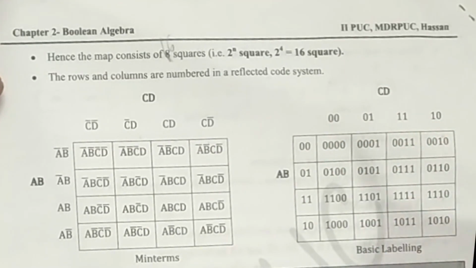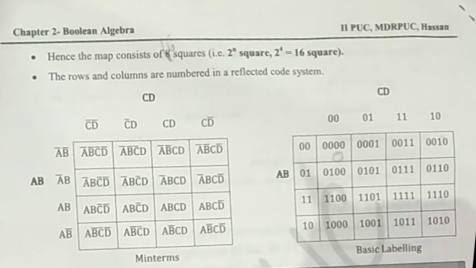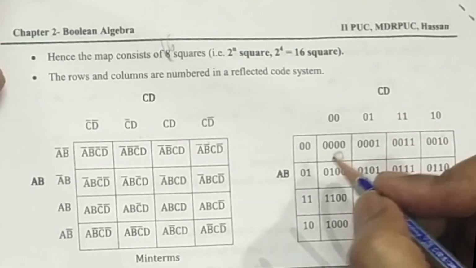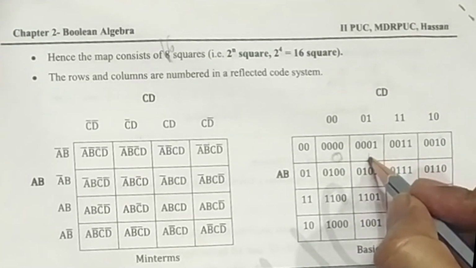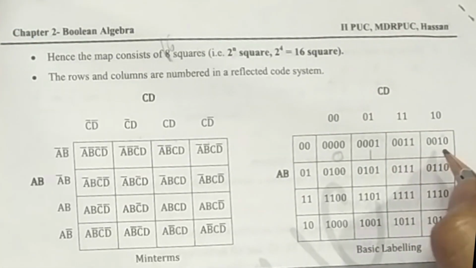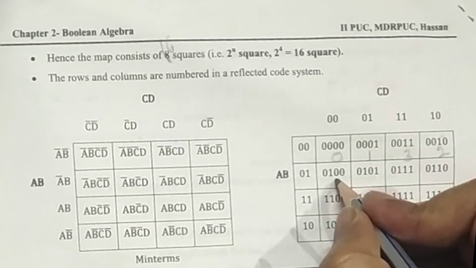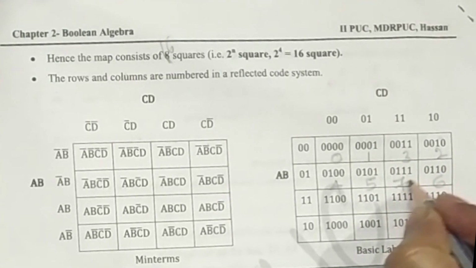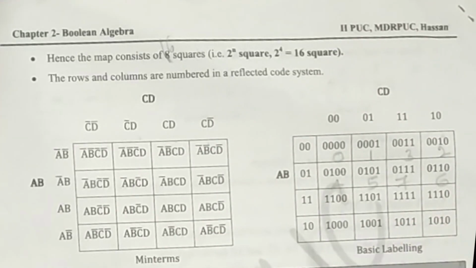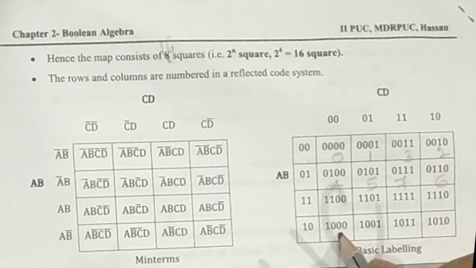First we take this one as 0, that is M0. I am showing it in the decimal system: 0, 1, now this is 2, this is 3, then 4, 5, now this is 6, then 7.